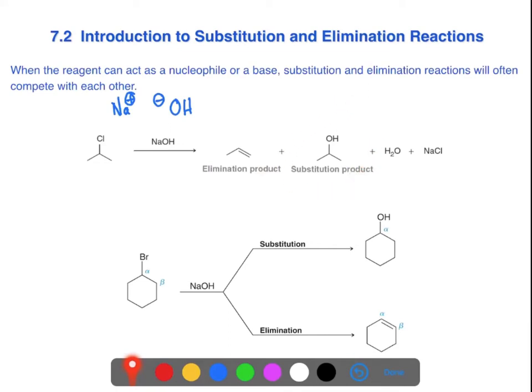And in both cases, what is lost as a side product is the chloride, which is shown here as the salt, which could be more accurately described as Na+ and Cl-, the chloride. Now similarly below, we're observing another alkyl halide, and again, you can see that there are two possible outcomes, alcohol formation or alkene formation. So this is typical for some alkyl halides, depending on the nature of the reagent.